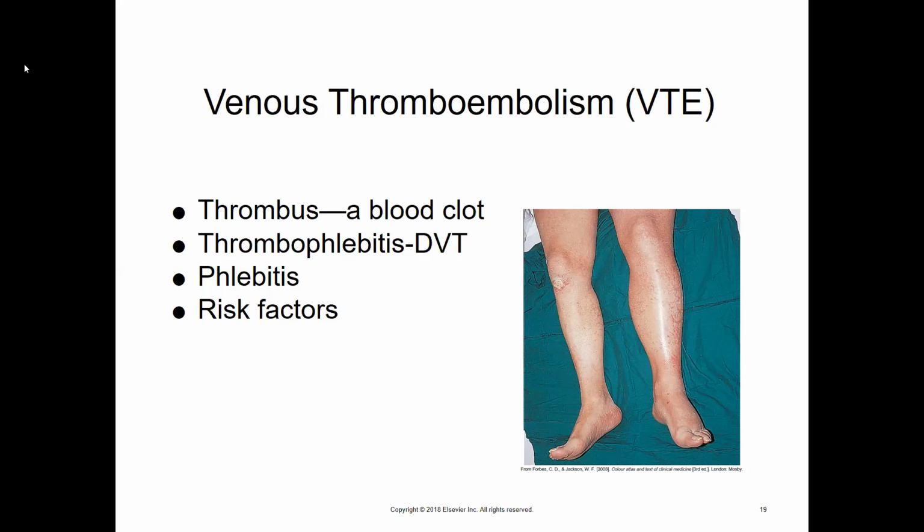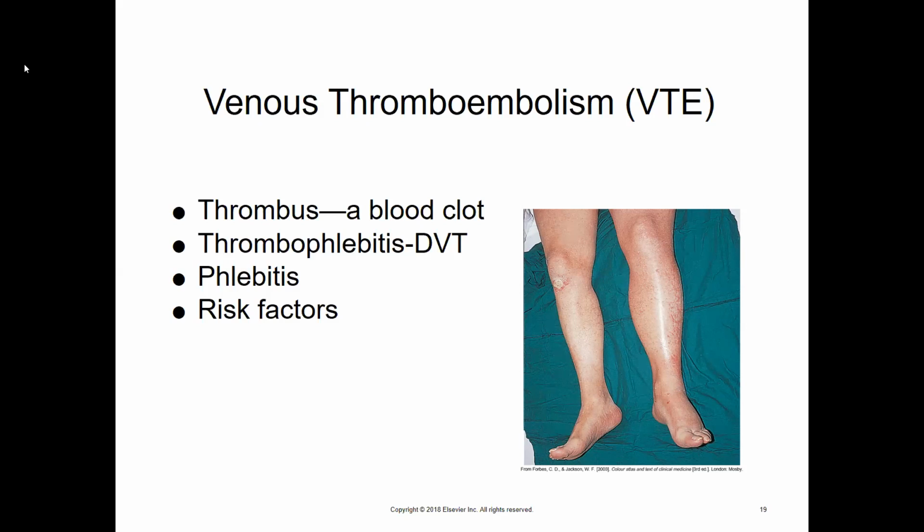And when that thrombus develops, inflammation occurs around that clot. The vein wall gets thicker, and then you have the formation of an embolus. And an embolus is anything that travels through the blood vessels until it reaches a vessel that is too small to let it pass through.